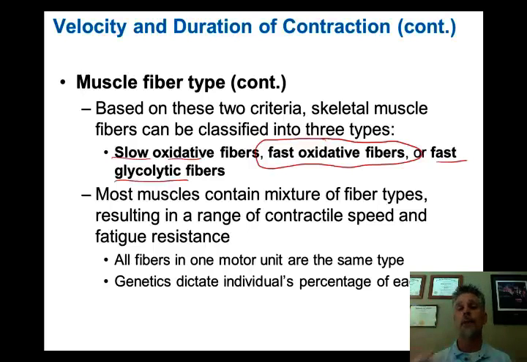It's a mixture of fibers, but it can be more dominated by one fiber type or another depending on the muscle's use and activity. Like we said, our postural muscles need to be mostly slow oxidative fibers, as opposed to our biceps muscles or something like that that need to be fast glycolytic fibers. And it's a mix. An interesting thing about this is when you look at these different fiber types, it will actually change the color of the fiber.